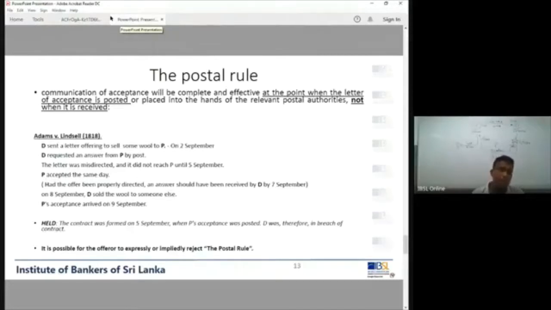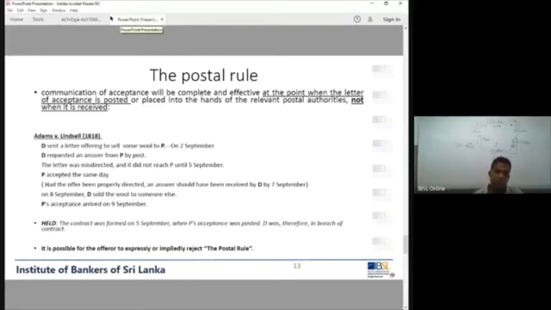What is the agreement? D agreed to sell wool to P. Now the letter went to D on the 9th. By 8th, he has sold the wool. Now there's no wool to sell to P. So what happened? P filed action against D. What was the decision?